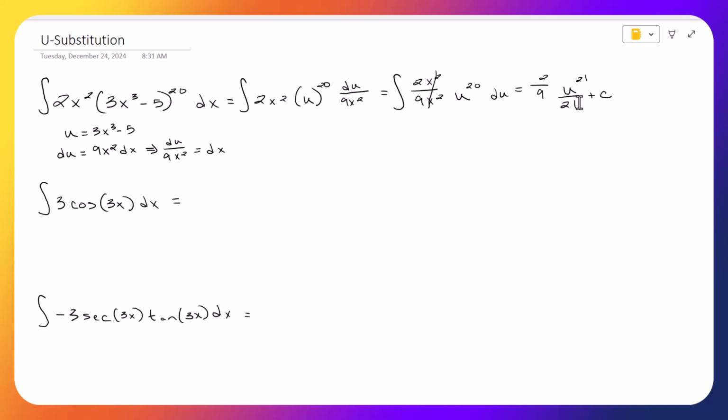Actually, I'm going to write one more line just to make it look prettier. To simplify this, I would just do what's 9 times 21. 189. So we get 2 over 189 u to the 21 plus c.